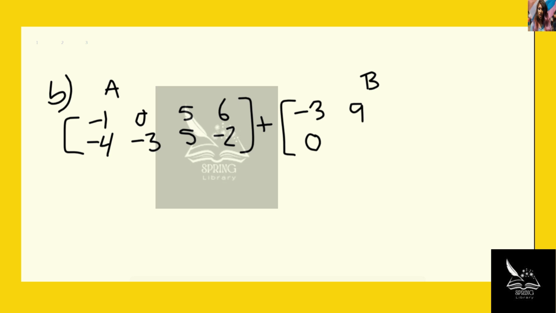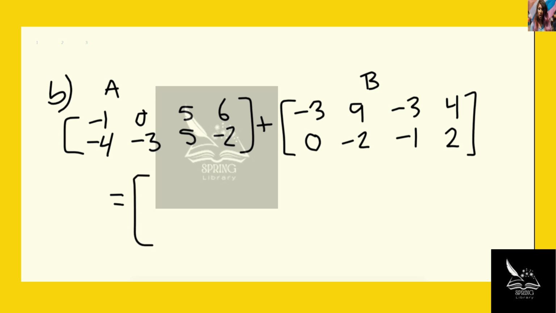And just like before, we'll take the element from each corresponding row and column and add them together, right? So we'll get row 1, column 1 plus row 1, column 1: -1 plus -3 would be -4.